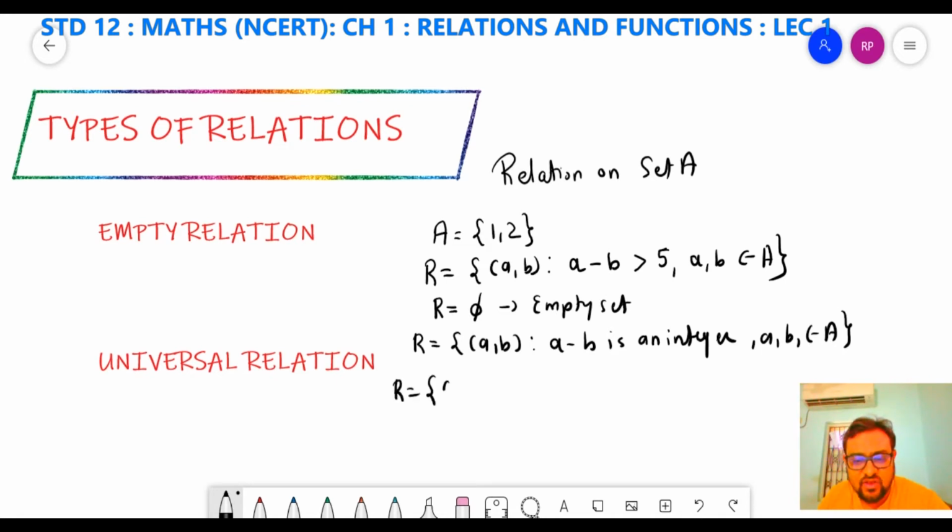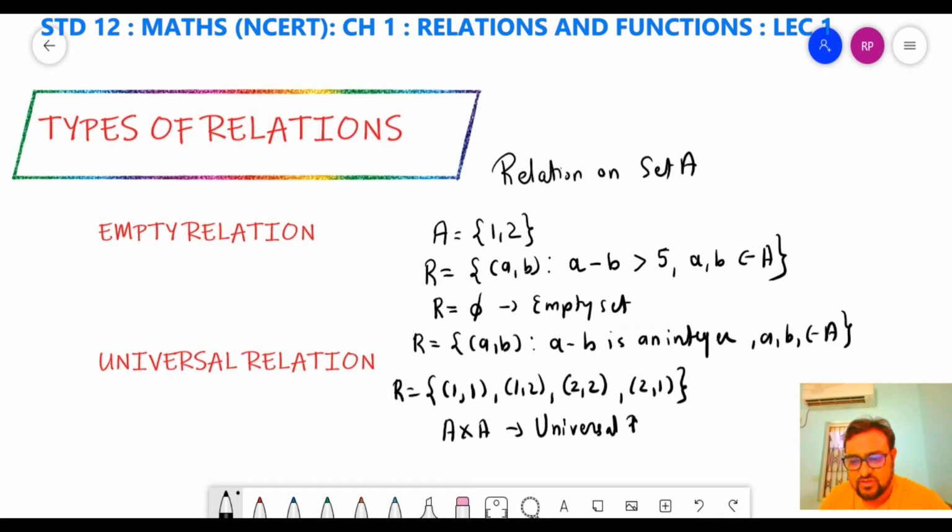So what will be this? (1, 1), 1 minus 1 is 0, integer. (1, 2), 1 minus 2 is minus 1, integer. (2, 2), 2 minus 2 is 0, integer. (2, 1), 2 minus 1 is 1, that is integer, right? So now say, this is nothing but A cross A. That means this is a universal relation. Okay, so these are the examples of empty relation and universal relation.